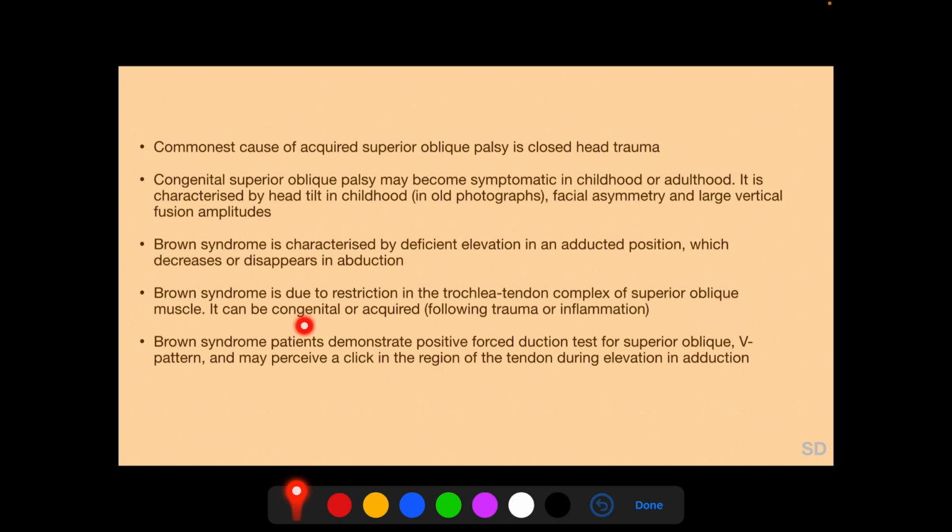It can be congenital or acquired, and acquired cases occur following trauma to the tendon trochlear complex or following inflammation of the superior oblique tendon. Brown syndrome patients demonstrate a positive forced duction test for the superior oblique tendon, a V pattern, and these patients may perceive a click in the region of the tendon during elevation in adduction.